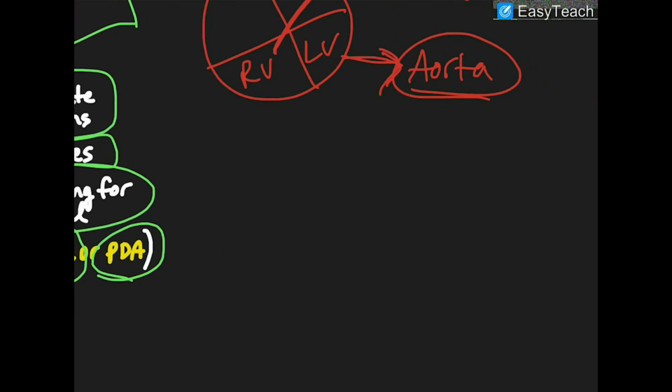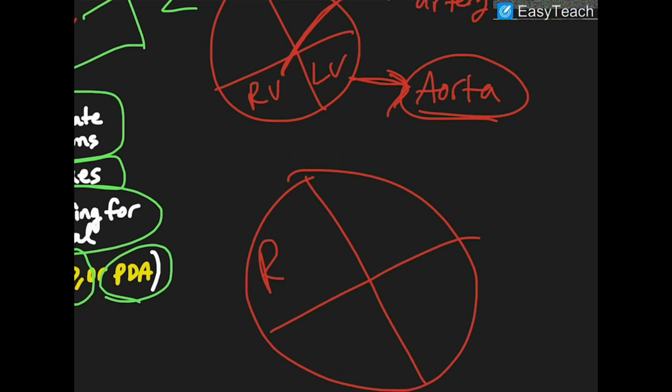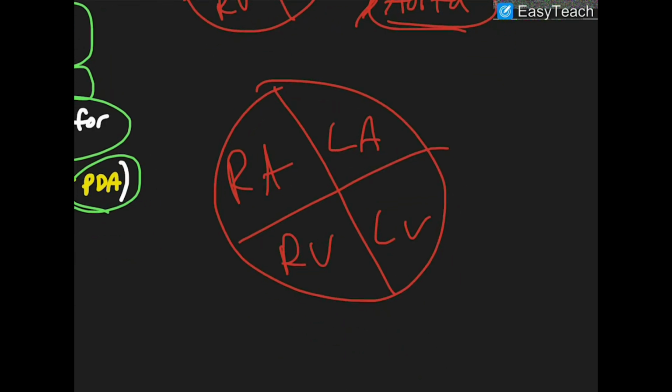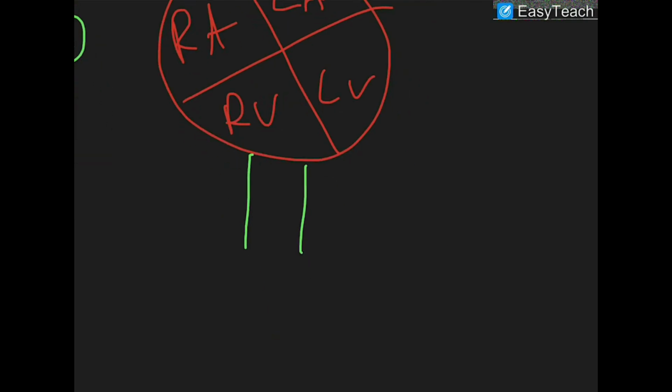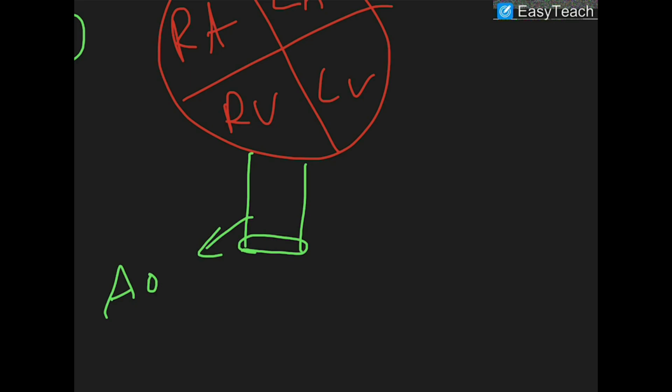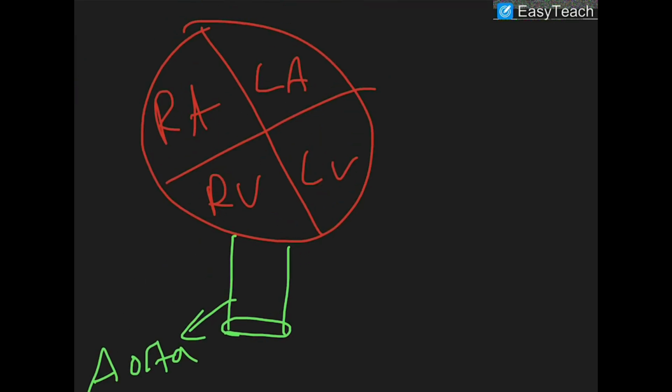If we see a simple picture of the heart, with the right atrium, right ventricle, and left ventricle, remember that in this disease, the right ventricle dumps its blood into the aorta, not normally. And the left ventricle is dumping its blood into the pulmonary artery.